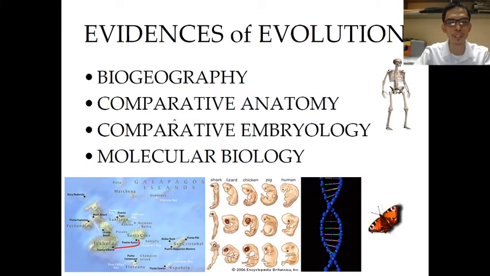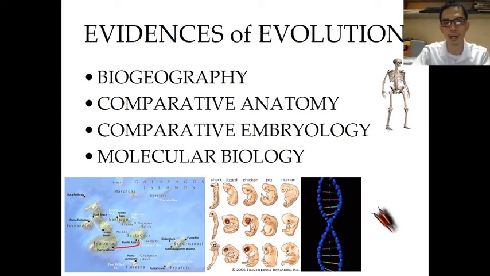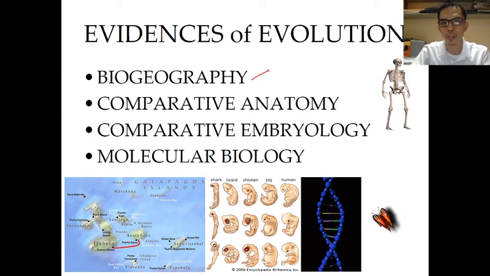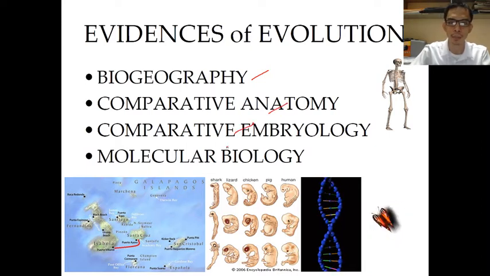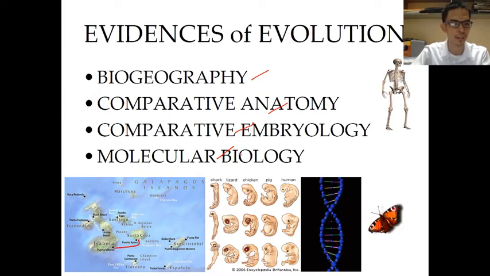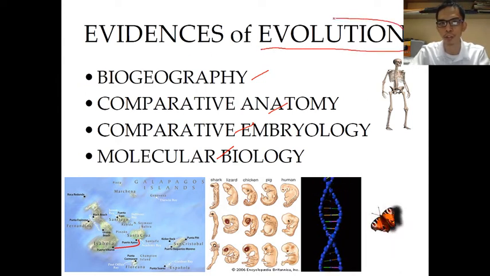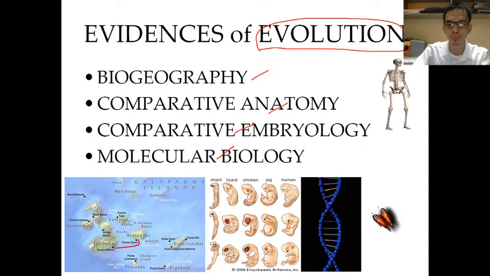In this video, we will discuss first the biogeography, then the comparative anatomy, comparative embryology, and the molecular biology. How are these four related to evolution? How do these four support the idea of Charles Darwin called evolution? Let's find out.